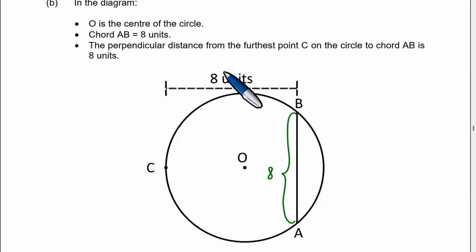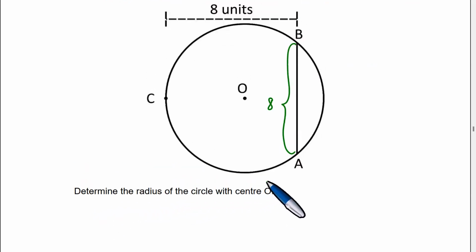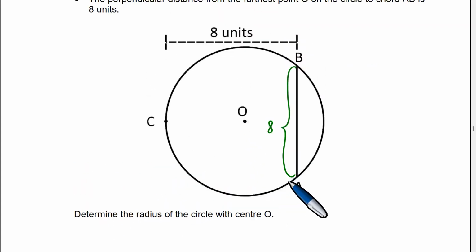The perpendicular distance from the furthest point on the circle to chord AB is 8 units. Okay, there it is. Determine the radius of the circle with center O. What is the radius of this circle?